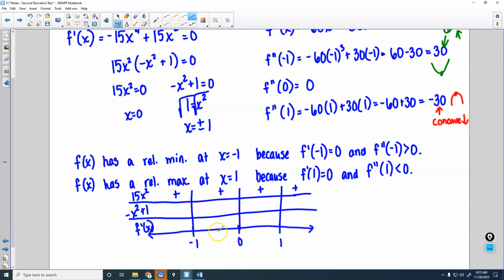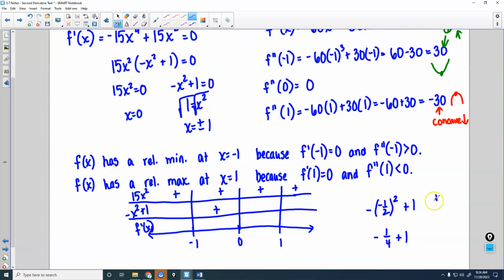If I plug in something like negative 1/2, negative 1/2 squared plus 1. When I square here, I'm going to get rid of the negative that's on the inside of the parentheses. It's going to be 1/4, but the negative on the outside stays there. However, this is still smaller than 1, so you'll get a positive here.